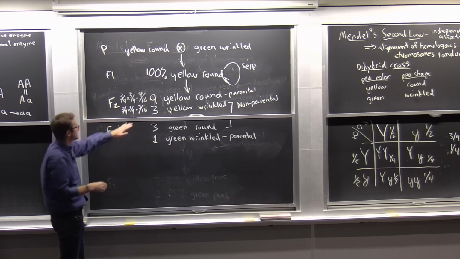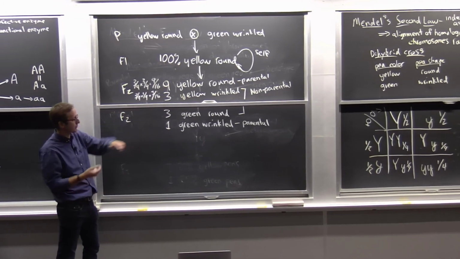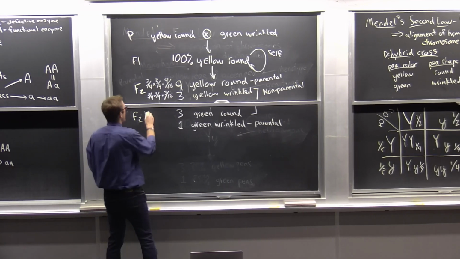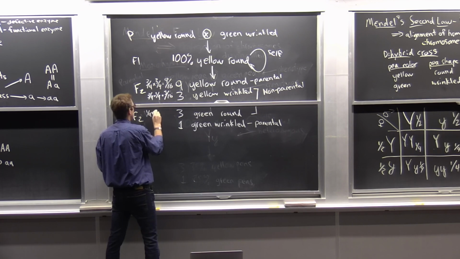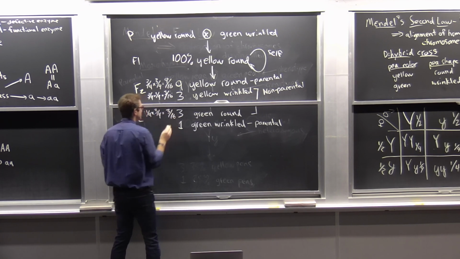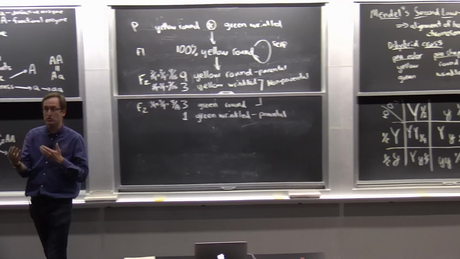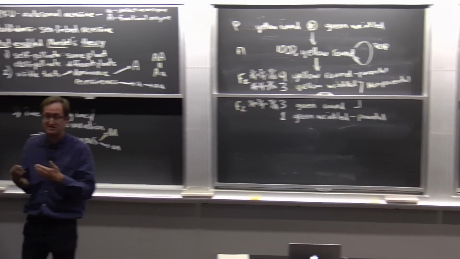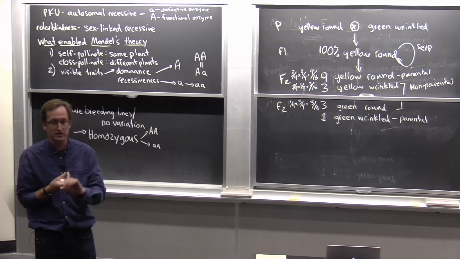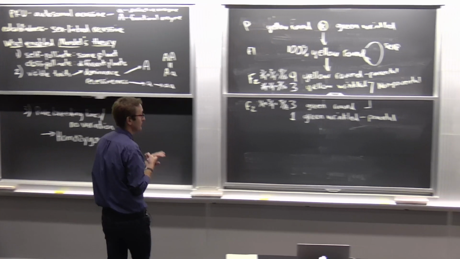Green and round is similar. It's a 1/4 probability of being green and a 3/4 probability of being round. So again, you have 1/4 times 3/4, which equals 3/16. And the least probable class is being homozygous recessive for both alleles, because there's a 1/4 probability of being recessive for each.